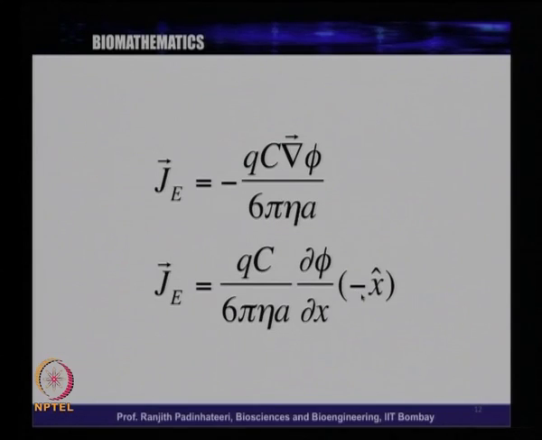This only means that this current is along the minus x direction. It is along this direction. That is what we have been telling all the while, that the current is along this particular direction.